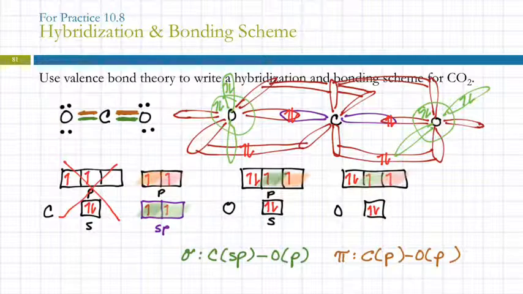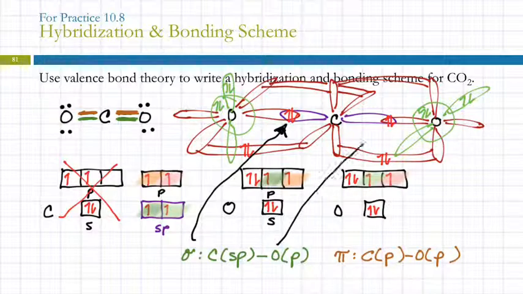Overall, if I'm looking at this, I'm looking at 2 sigma bonds and 2 pi bonds, basically? Correct. There are 2 sigma bonds and 2 pi bonds. So this description applies to that bond right there and to this bond right here. Those are both sigma bonds.